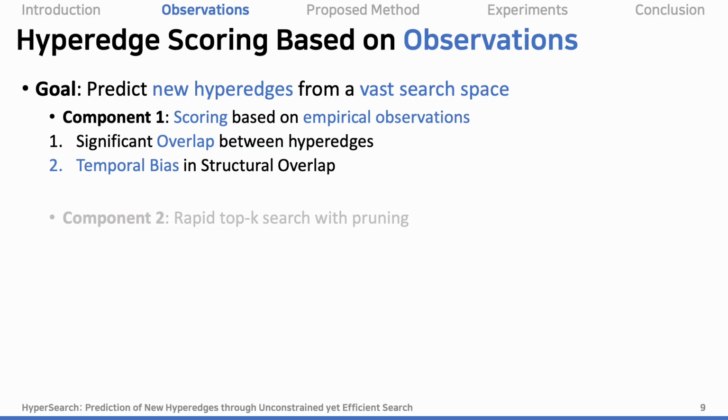In this work, we aim to predict new hyperedges from a vast search space by scoring each hyperedge candidate based on empirical observations. First, let me introduce two key patterns we found in the observed hyperedges. We then use these patterns to design our scoring function.